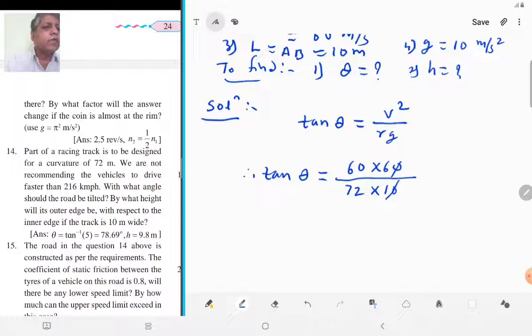Now divide by 6, 6 ones are 6, 6 ones are 6, 2 1 and 2 12, 6 twos are 12, 12 ones are 12, 12 5s are 60, that is equal to 5.